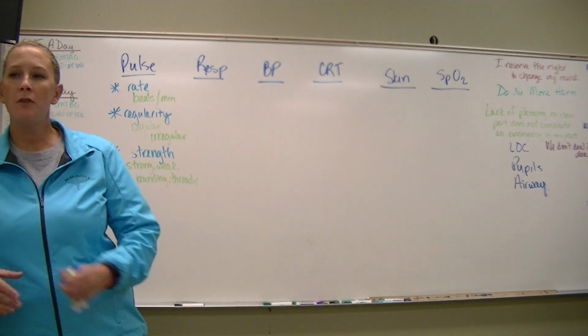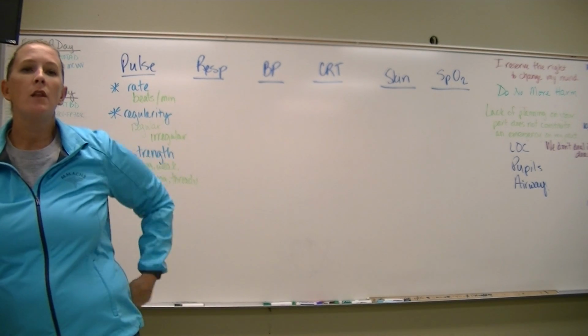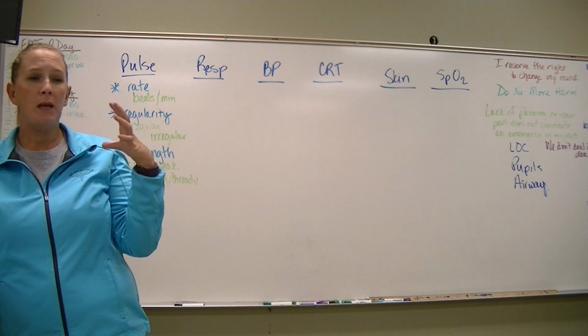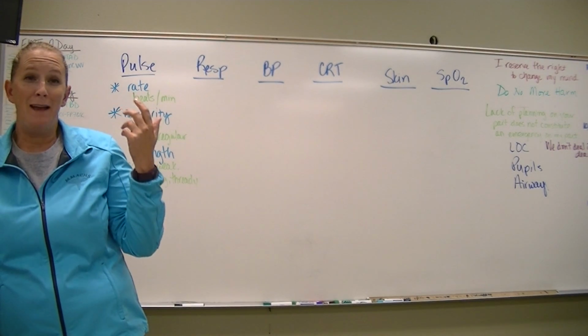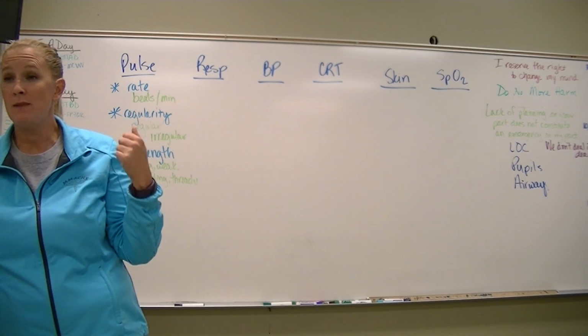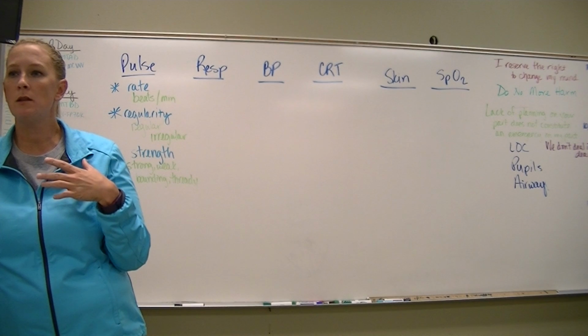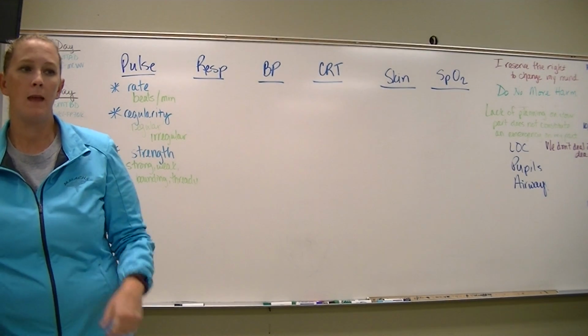Any number of things can cause the heart rate to go up above 100 for however long it takes for the body to recover, because we have that fight or flight response, and because of fight or flight, we really want to run, right? We want to run or we want to fight with somebody. And so our heart rate increases so that we can make sure we're getting oxygen to the parts of our body that we need to in order to run or fight, okay?